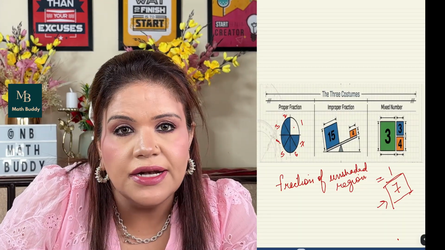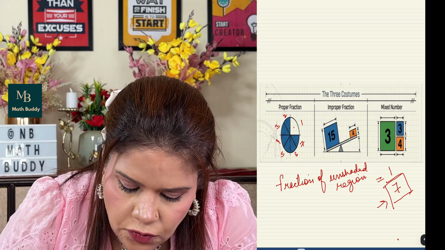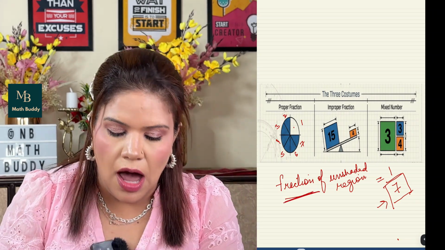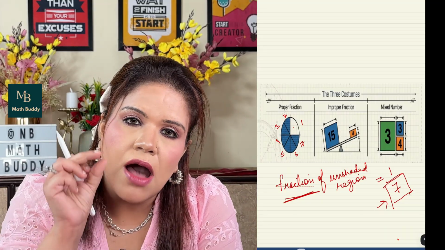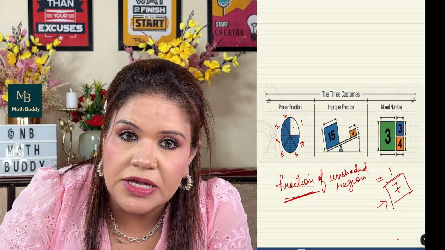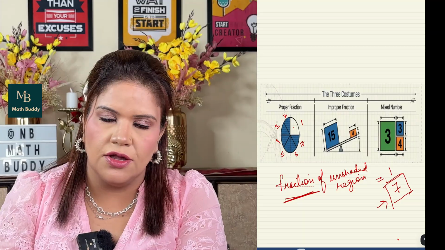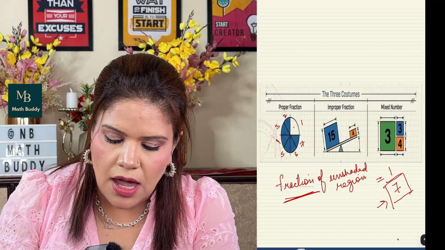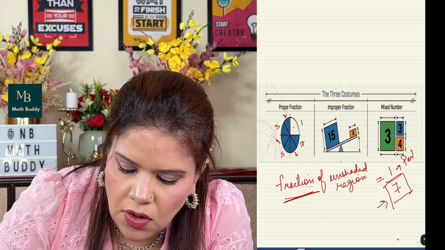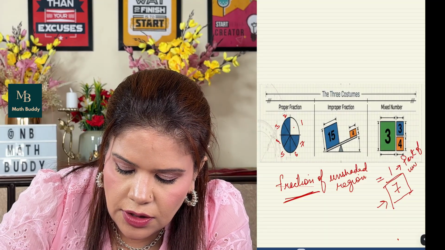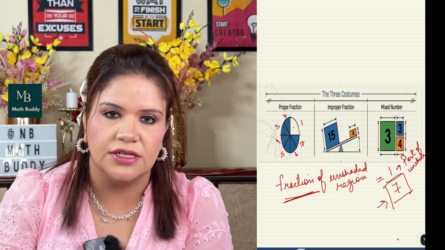Now my numerator will tell what fraction I am asking. I am asking the fraction of the unshaded region. So I will mark the number of pieces which are unshaded in the numerator. I will tell this is the part of the whole which is unshaded.